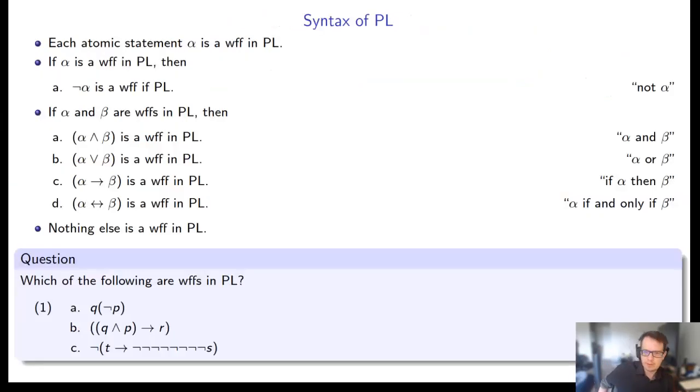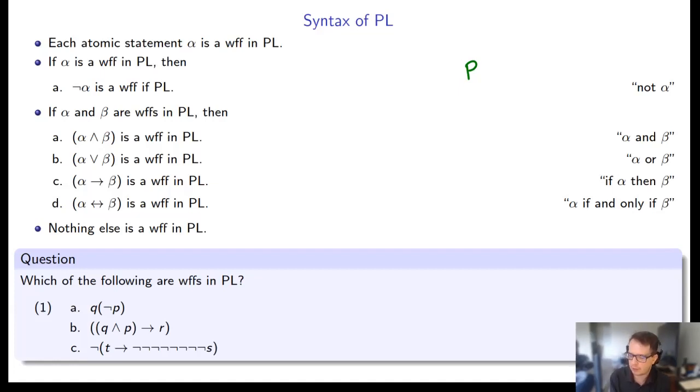So when we take a look at this syntax, when we say each atomic statement alpha is a woof in PL, what we're saying here is that when we generate grammatical formulas or grammatical logical strings, we can start with something like P. So we can have this as a sentence.